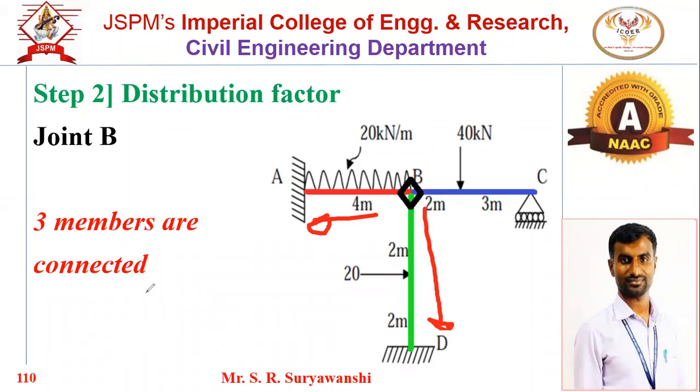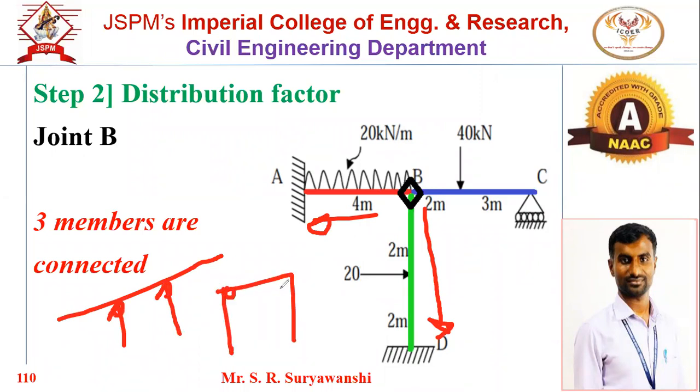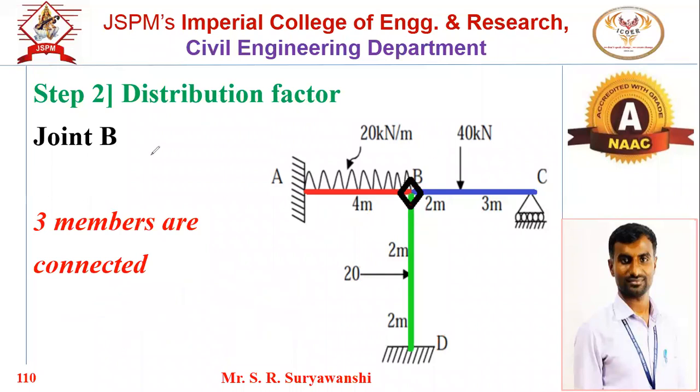And for the rigid joint, the same funda we applied for the continuous support or intermediate support, we have to consider for the rigid joint. If there are 2 rigid joints, they will have the carryover factor to each other, same way as your intermediate support. Here only one rigid joint is there, so no carryover factor to this particular rigid joint. समजते, 2 rigid joint असतील, then and then it will have the carryover factor to each other.